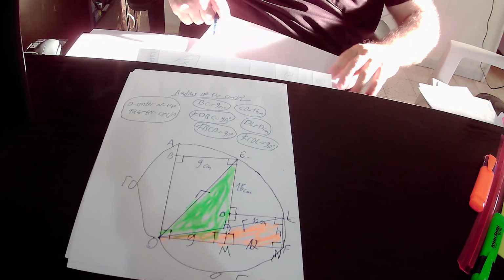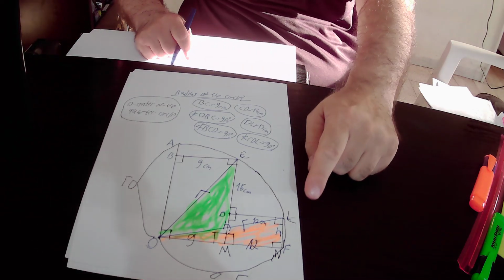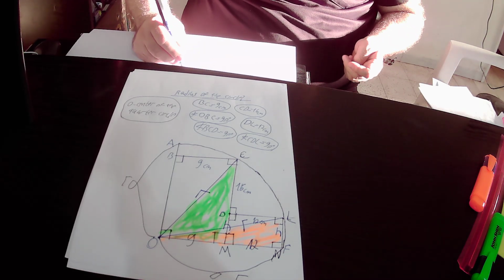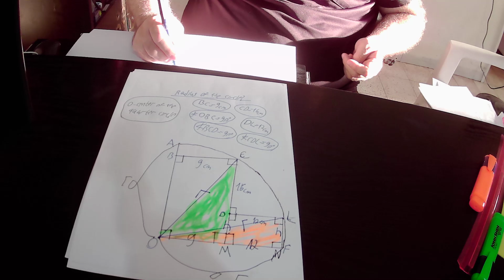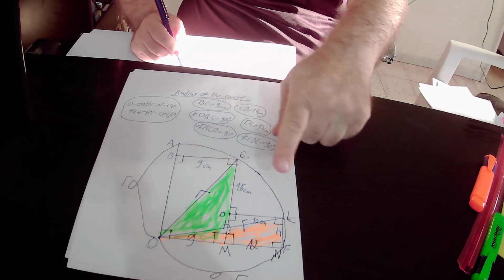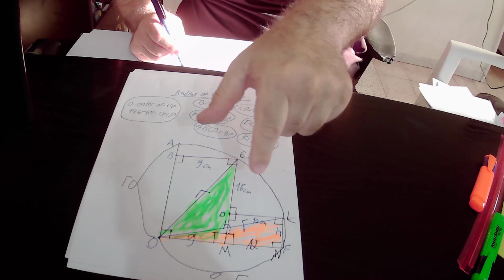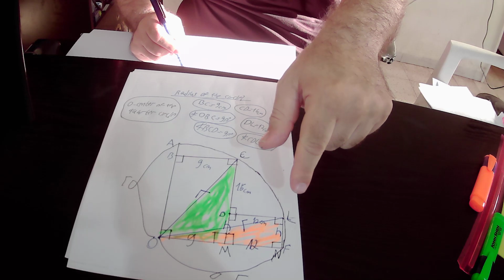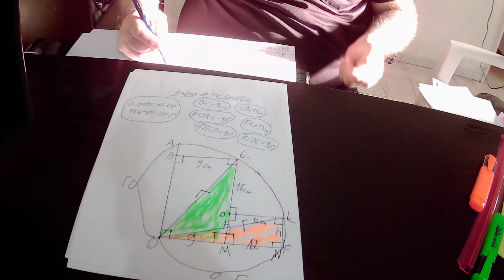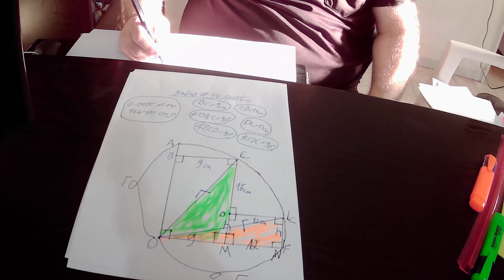So LO square is R square, LN is H, therefore LN square is H square, plus ON square. ON is OM plus MN. That is to say, ON is OM, that is 9, plus MN, that is 12. 9 plus 12 is 21, therefore ON is 21 and ON square is 21 square.